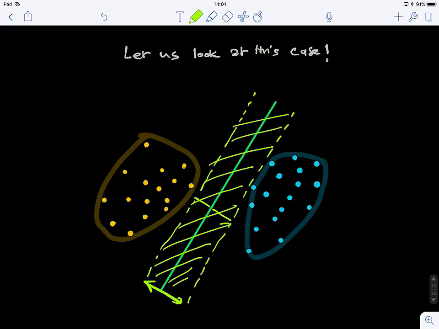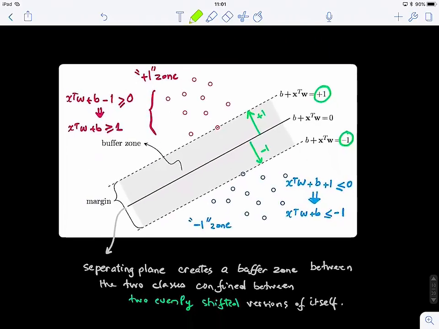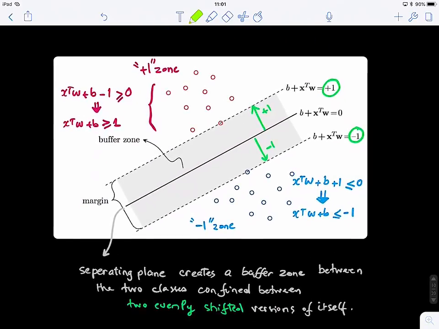So in this case, imagine what we have. This is the case right there. We have our original hyperplane, and the equation of our hyperplane. And then we want to define what we call a margin or a buffer zone. Here we want these classes to be separable within a +1 in this direction and a -1 in the other direction.